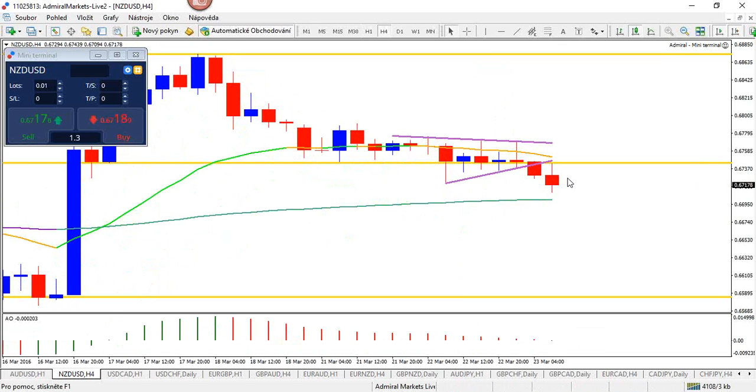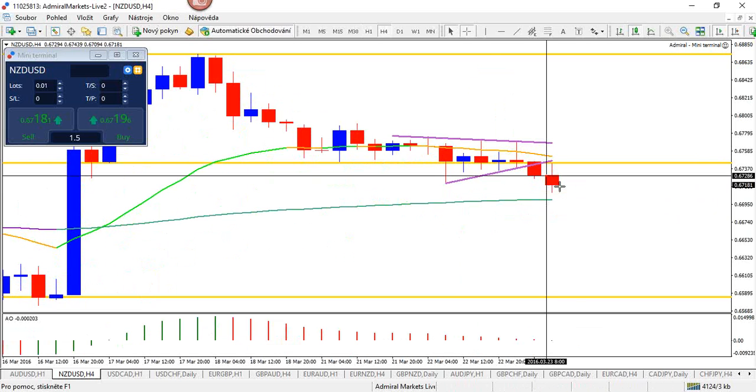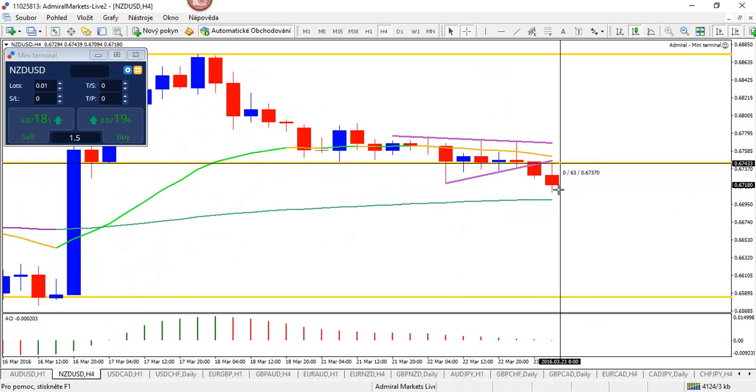Maybe a good approach could be, got moving averages close by, but I don't think they're that relevant. I think if we get a good bearish 4 hour candle here that closes, maybe we need at least a candle with the size of about 50 pips, I would say.